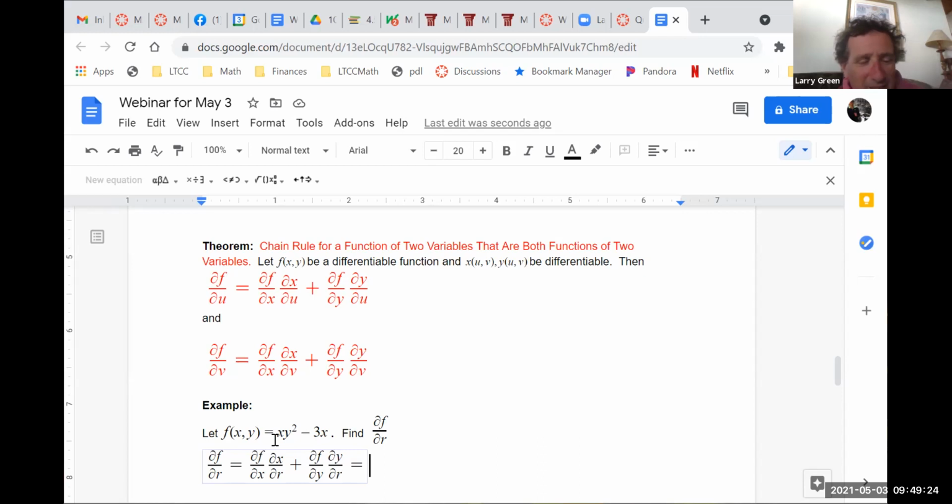So how do we get del F del x? Yeah, differentiate with respect to x. We take x y squared minus 3x, think of y as a constant, take a derivative, and you get y squared minus 3.